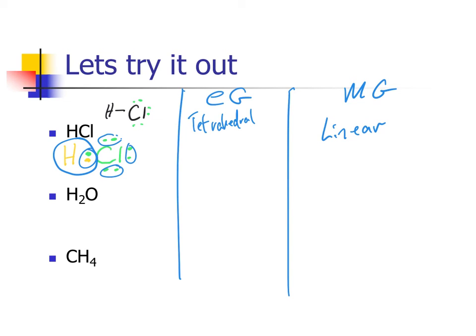This one is a matter of life and death. We have oxygen. If I draw the Lewis dot structure for oxygen, that's what it would look like. I would put my hydrogen there and there.